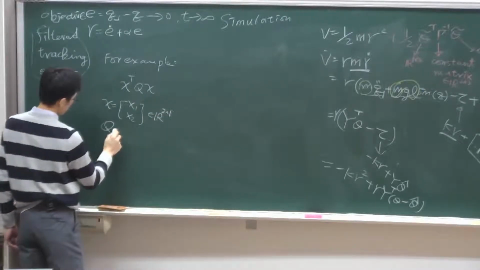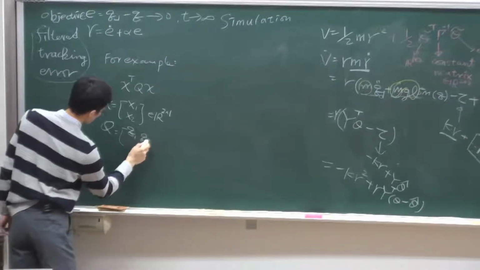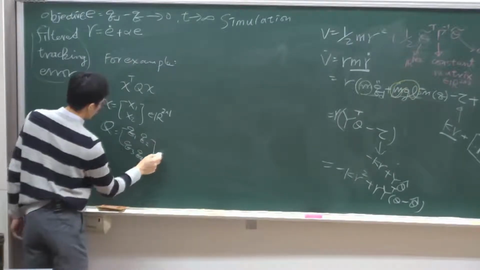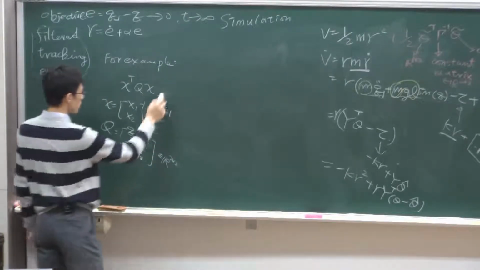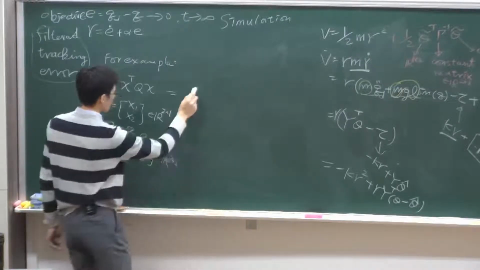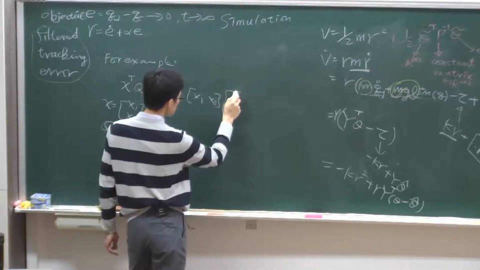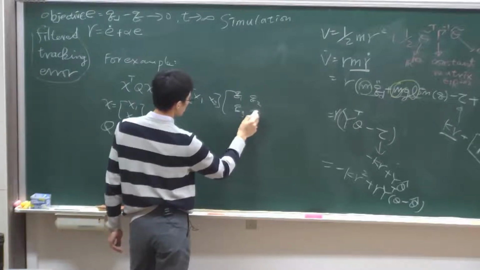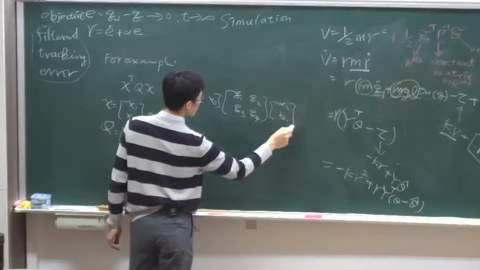Okay, and Q is a matrix called Q1, Q2, Q3, Q4. It's 2 by 2. So this implies x1, x2 times Q1, Q2, Q3, Q4 times x1, x2.